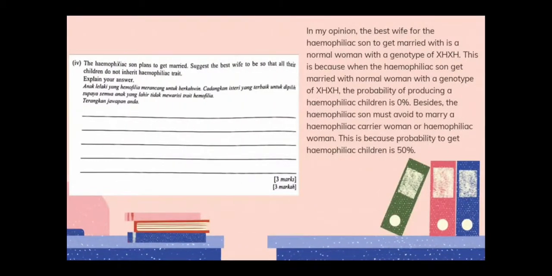This is the last question. The hemophiliac son plans to get married. Suggest the best wife to be so that all their children do not inherit the hemophiliac trait. Explain your answer.